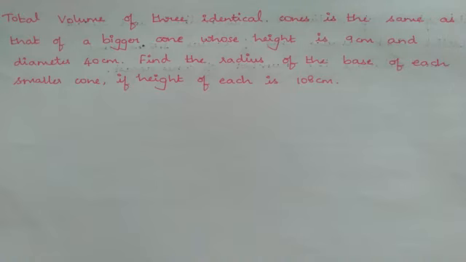Now we are given that the total volume of 3 cones is the same as a bigger cone. So first let's write the given condition. The volume of 3 identical cones is the same as the volume of the bigger cone.